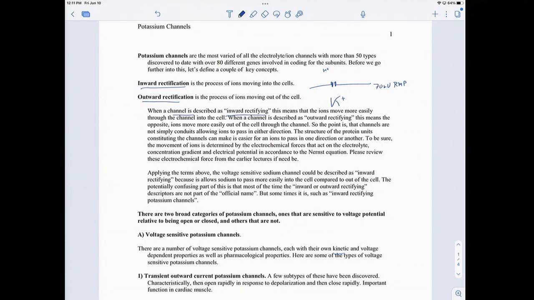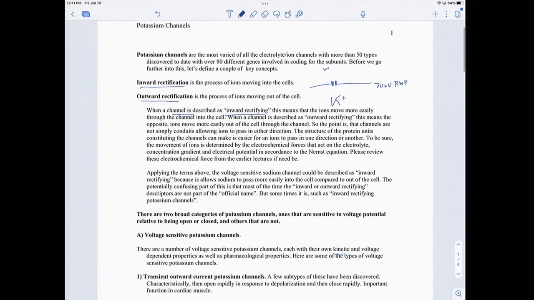Okay, but let's just pretend that the Nernst value is minus 80 millivolts. Okay, that's kind of close. Minus 80 millivolts for potassium. In other words, that's what potassium wants the membrane potential to be.